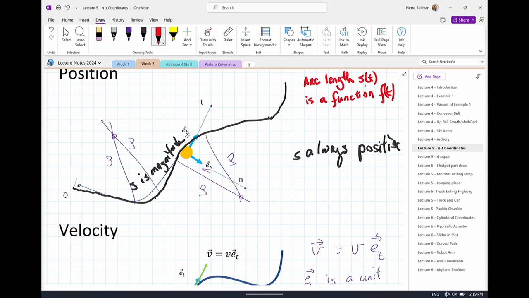It's increasing in magnitude. It's always positive, super. I want to define a term which is going to be kappa as a function of s, which is going to sort of represent the bendiness of the path.